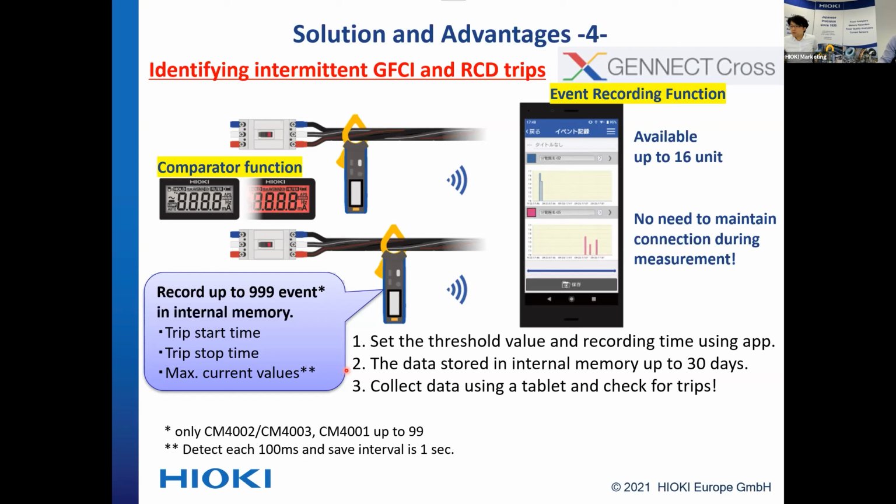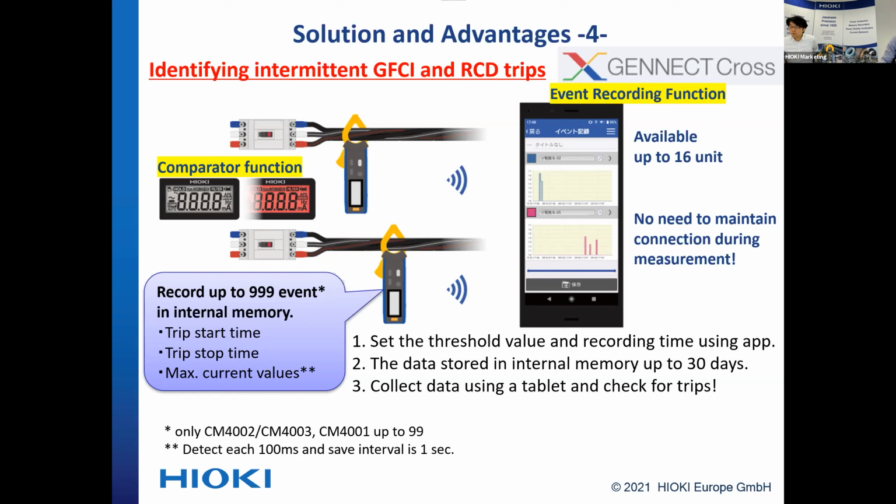For now, I will show you a unique solution using this app. It is an event recording function. If you are looking for leakage current and can't find it, it may be because it is occurring intermittently. In this situation, you need to log the leakage current.